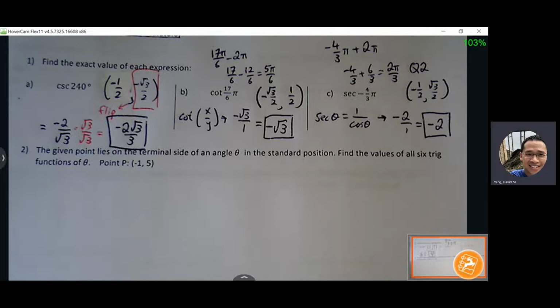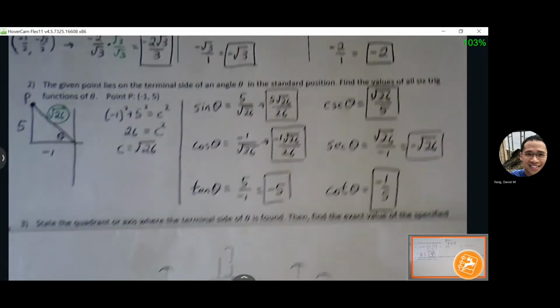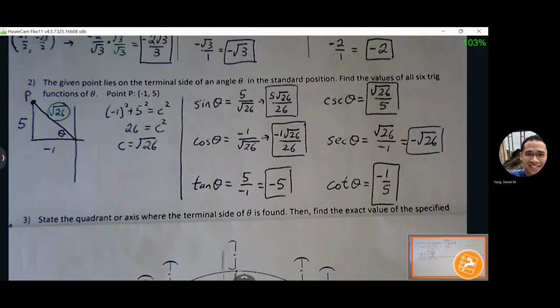Okay, number 2, go ahead and, you know that it's in the second quadrant, so point P is in the second quadrant. Pythagorean theorem. Find the hypotenuse.